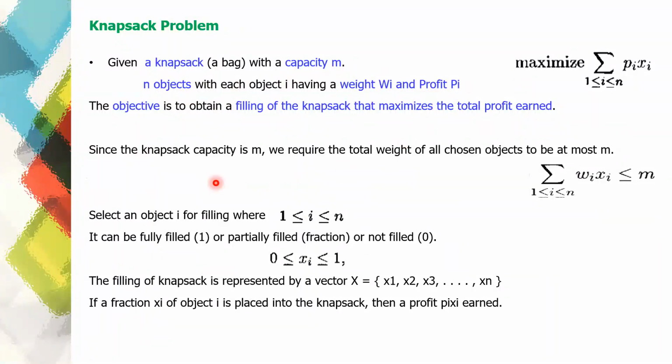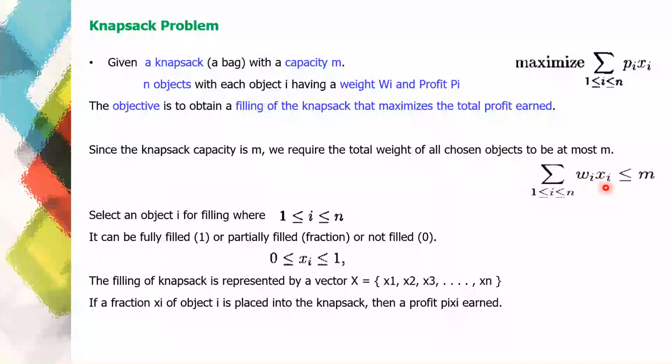The constraint is that the knapsack capacity is M. So you have to choose all the objects that are to be filled into the bag such that total weight is less than or equal to M. Xi is the object that you have chosen to fit into the bag, and its weight is Wi. As such, you have chosen many objects to fill into the bag.